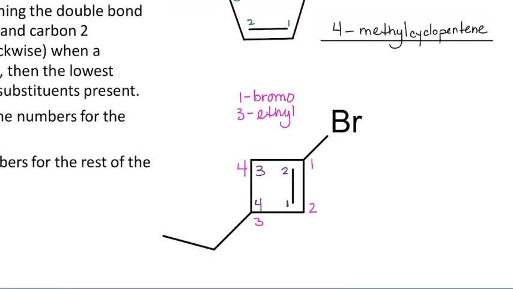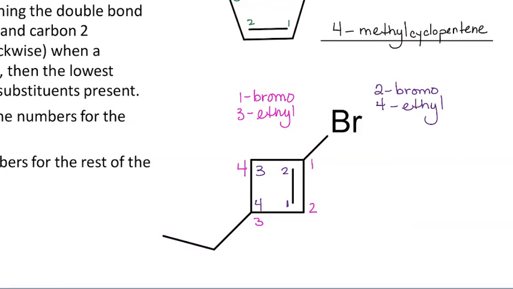In the purple one, I will have 2 bromo, 4 ethyl. Okay. Remember that the rule is that my carbon-carbon double bond in the alkene must be between 1 and 2. Always in a cyclic alkene.